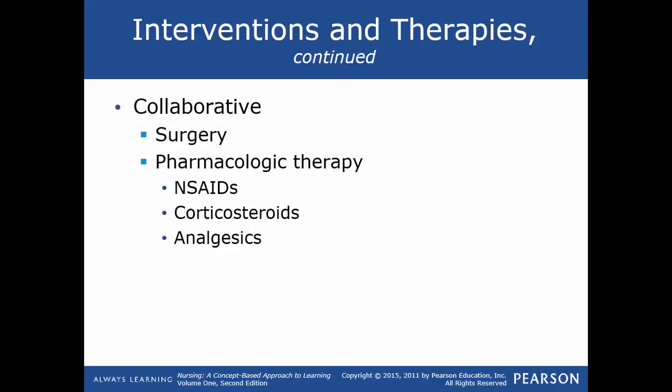Analgesics, these are going to be more your narcotic analgesics, hydromorphone, fentanyl, morphine, oxycodone, just to name a few. Some of your natural remedies is going to be fish oil and omega-3. Those both have anti-inflammatory properties to them. And of course, as always, your book has a chart on those.